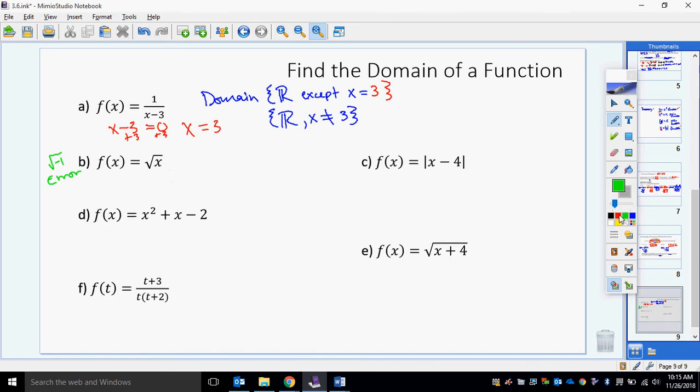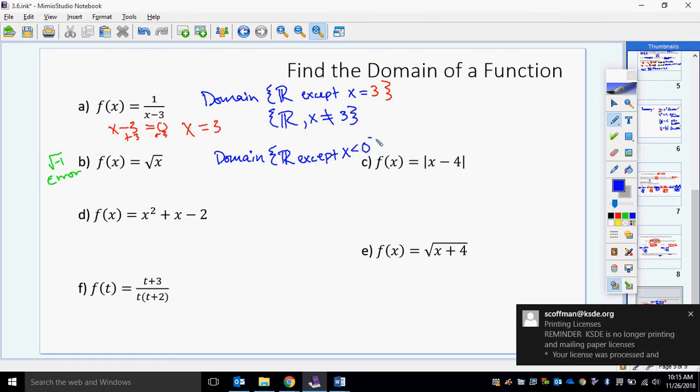So our domain here is going to be all x's, or all real numbers, all numbers except for when? What numbers will be negative? Well, when I have x's that are less than 0, those numbers are negative.